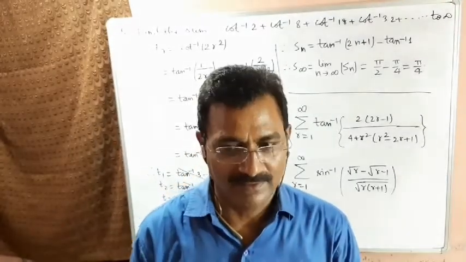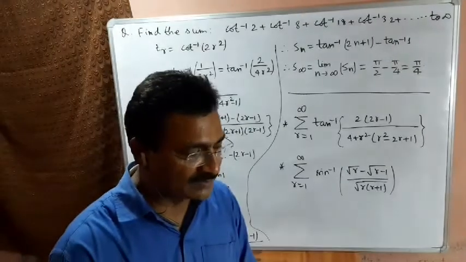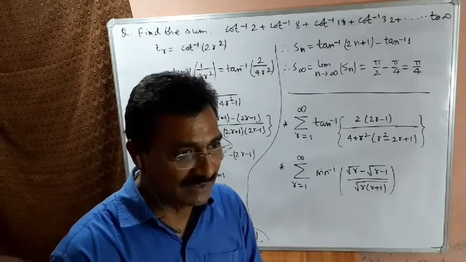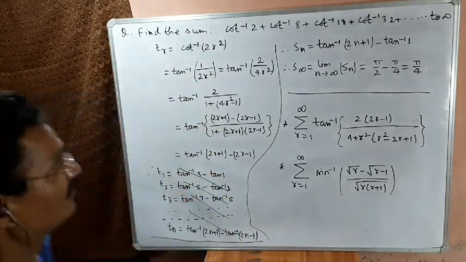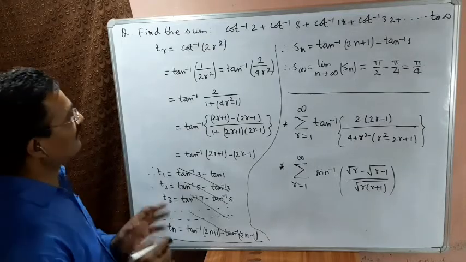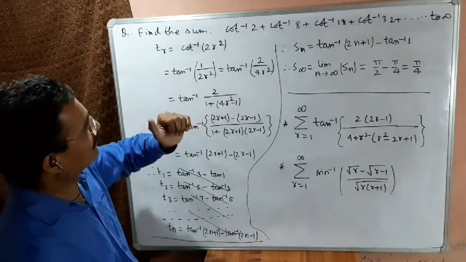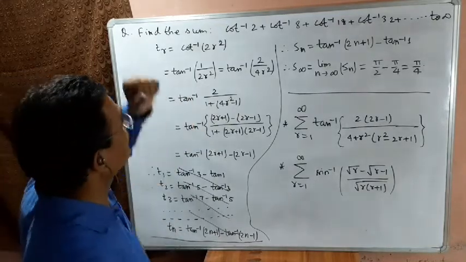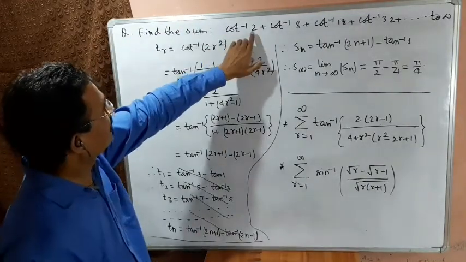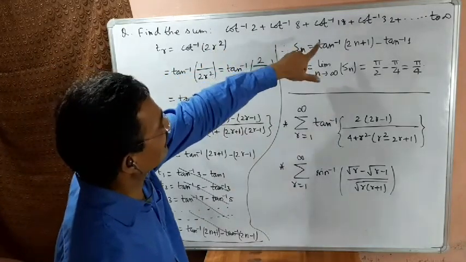That is, S infinity, the sum to infinite terms, equals the limit as n tends to infinity of Sn. So first we find Sn, and to find Sn we need to understand the pattern of the series. In the series, everywhere it is cot inverse, and with cot inverse the numbers are 2, 8, 18, 32.